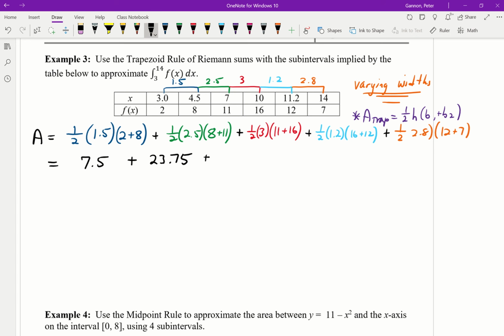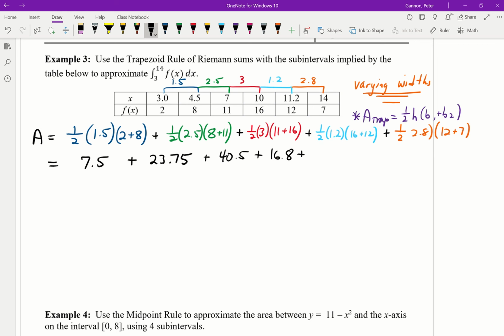All right, 11 plus 16, that's 27, times 3 divided by 2. That's going to give us 40.5. And then 16 plus 12 is 28, times 1.2 divided by 2. That's 16.8. And let's see, so there's 1, 2, 3, 4.